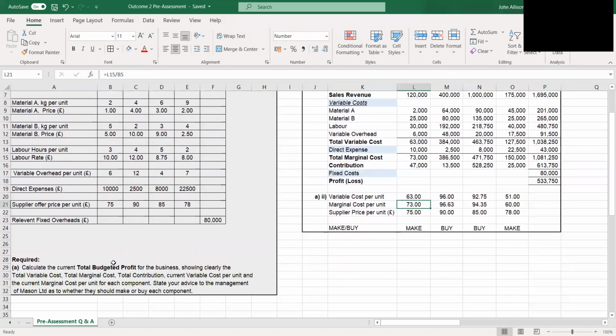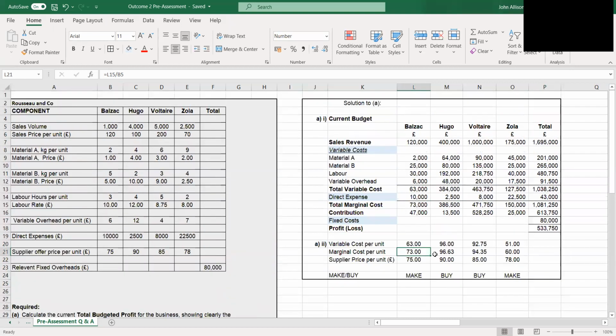Also we have to calculate the marginal cost per unit for each component. So for Balzac, the total marginal cost is 73,000, the number of units is 1,000, so the marginal cost per unit is 73,000 divided by 1,000, which is £73.